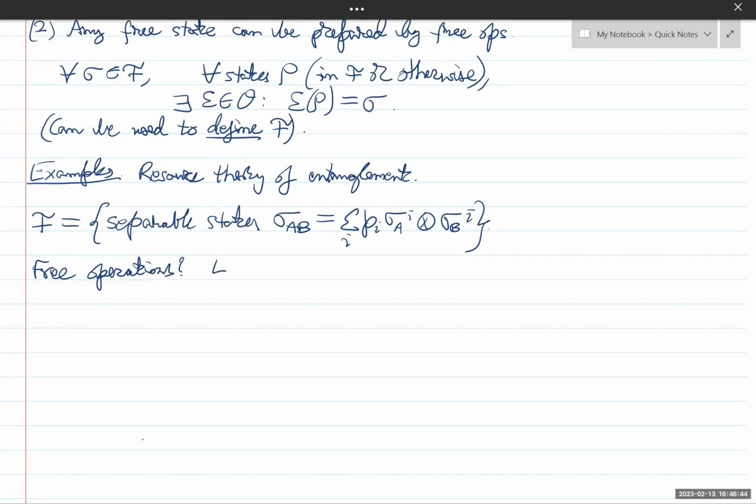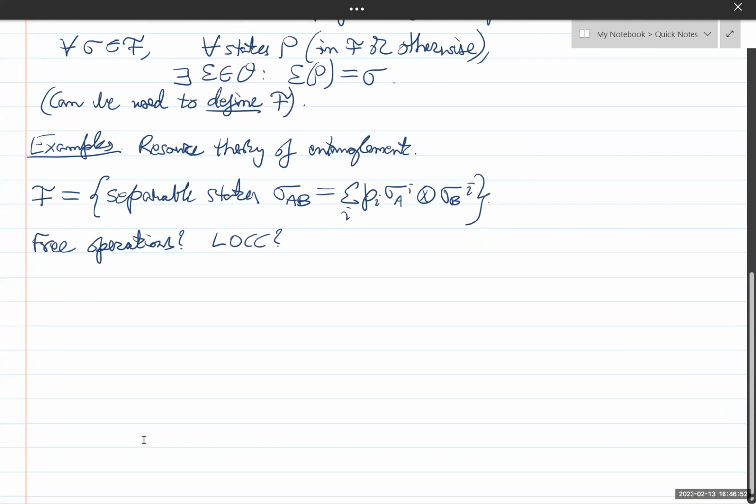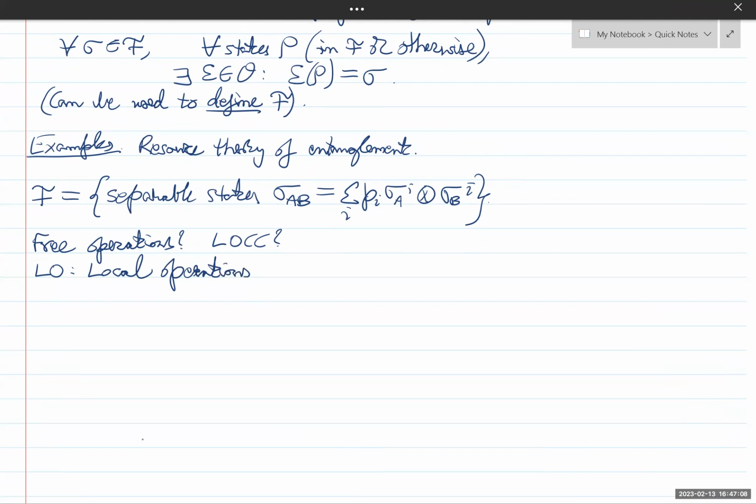I'm sure you all know what LOCC is, but just for completeness, let me mention this. LO refers to local operations, which means, I prefer not to give you a technical definition because I could make a blunder in trying to make it technical.